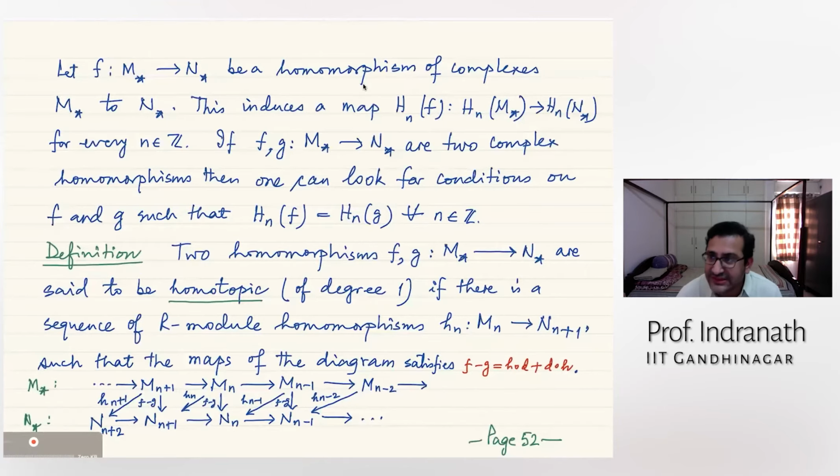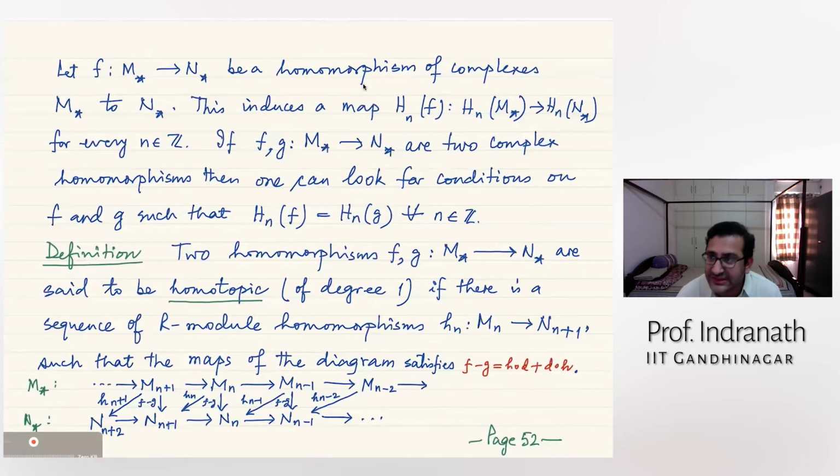Just quickly recalling, if you have two homomorphisms between two chain complexes, and if you have a homotopy, then the induced maps are the same, as I just said. And if you remember, we are getting into the derived functor notion. So basically what we need to do is that we start with a module M, fair enough.